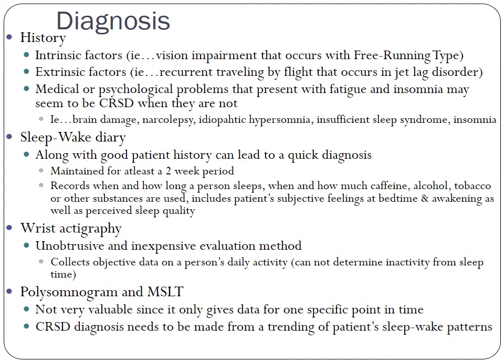Wrist actigraphy collects objective data on a person's daily activity. It cannot determine the difference between inactivity and sleep, but you can see how much consolidation of inactivity compared to how much activity time is occurring. When you do that, you can assume that a person was asleep somewhere in this time period compared to when they were awake.